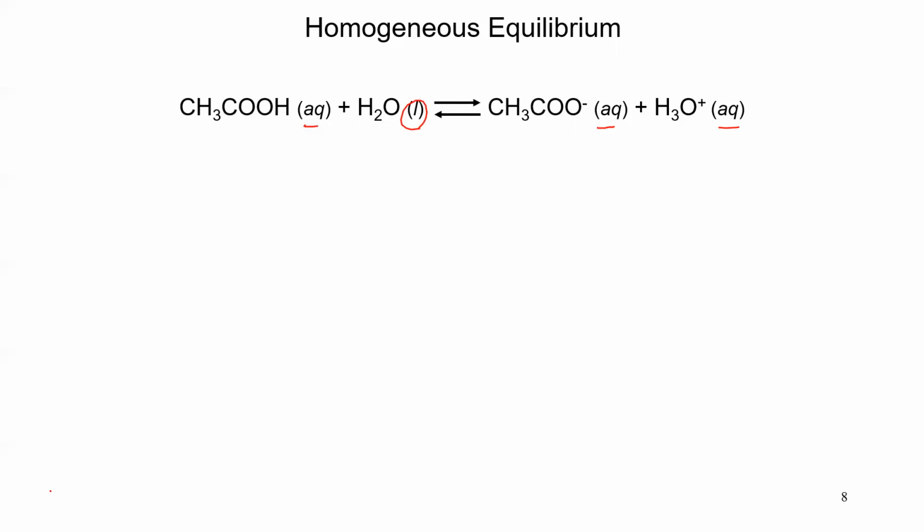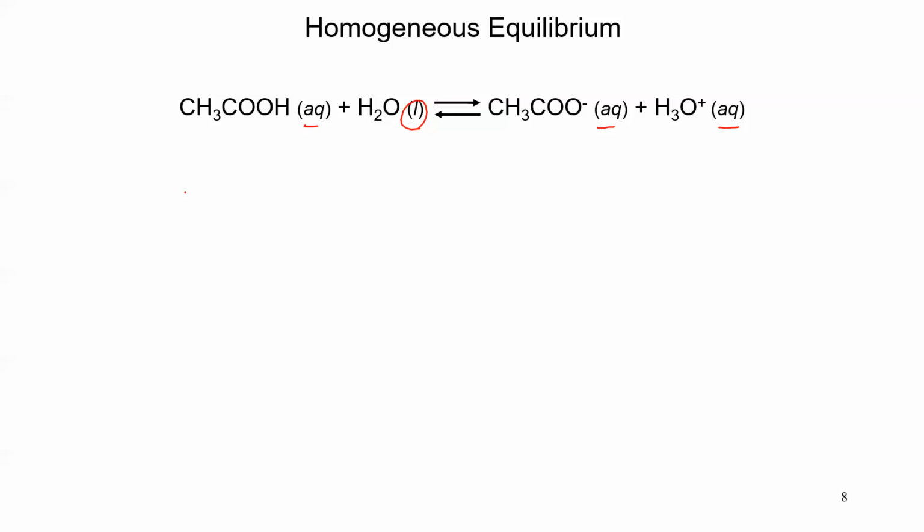The other thing is that the concentration of water isn't really changing as long as everything's dissolved in water. If you have a liter of water with only 1 mole of solute, well, you still have 55 moles of water in that liter. And so there's a lot of water and that concentration is not changing a whole lot. The change is negligible, we say.